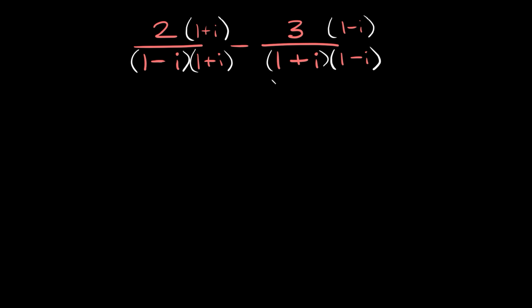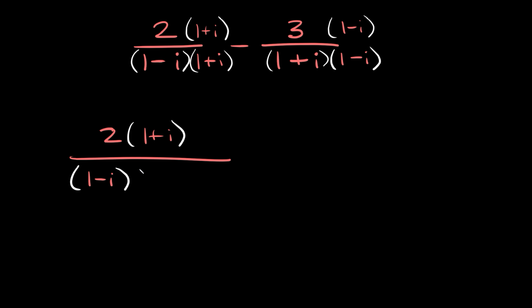Okay, now let's rewrite this down here and expand it a little bit so we can see what's actually going on. On top we have 2 times 1 plus i, over 1 minus i times 1 plus i, and then we're subtracting the other big fraction, 3 times 1 minus i on top.